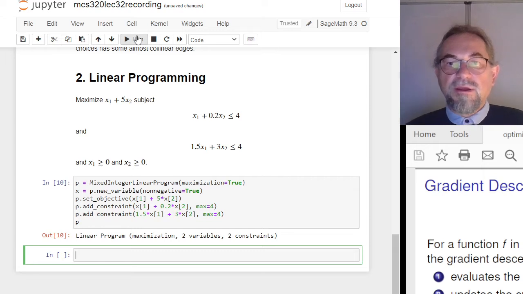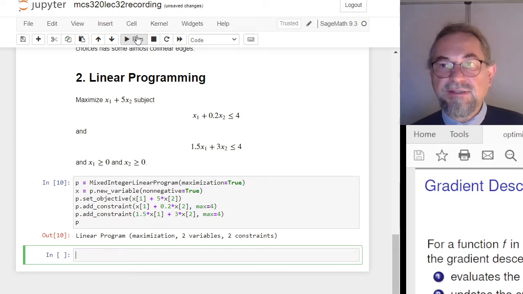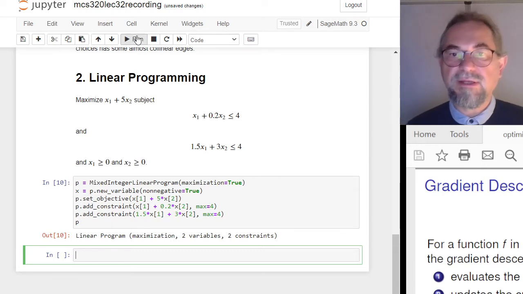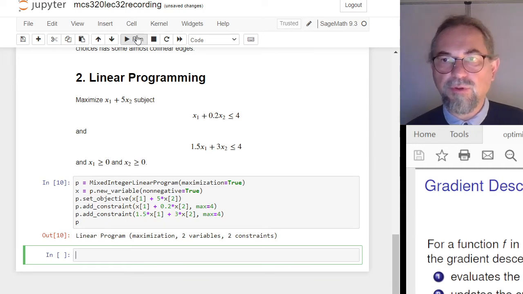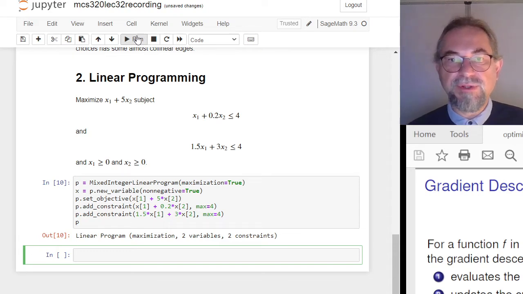So there is some syntax that needs to be followed, and this is an open book course, so the most important resource for being successful in this course is making your own Jupyter notebooks, so that you can very quickly retrieve what is needed.